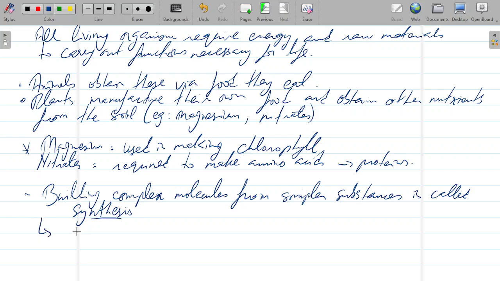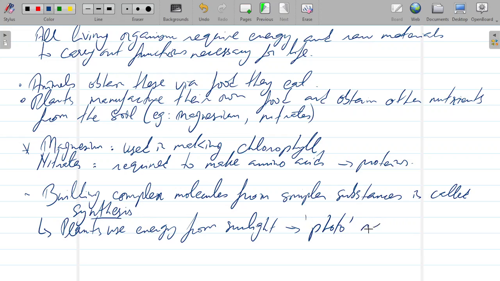And in the case of plants, they're using energy from sunlight, right? And so that is the photo part. Photo means light. And therefore photosynthesis is using light to build up carbohydrates, right? Or to build up more complex molecules.